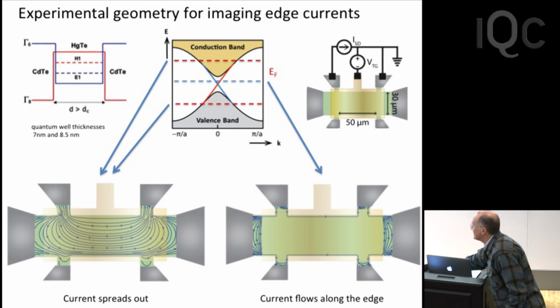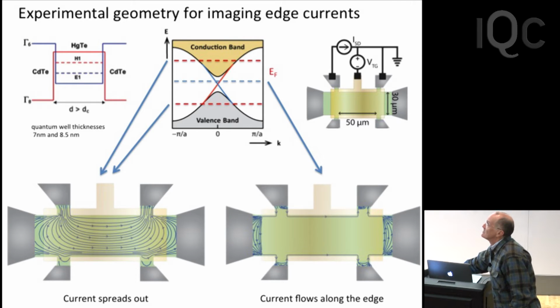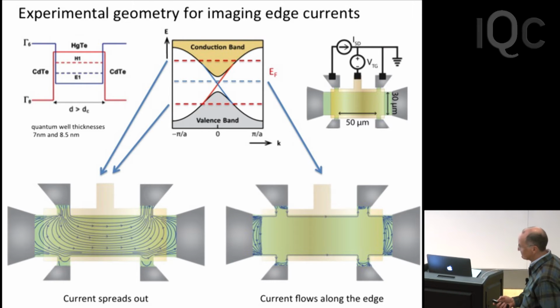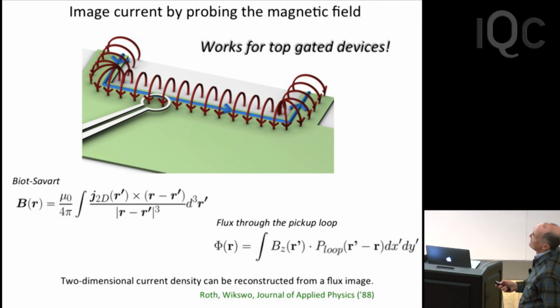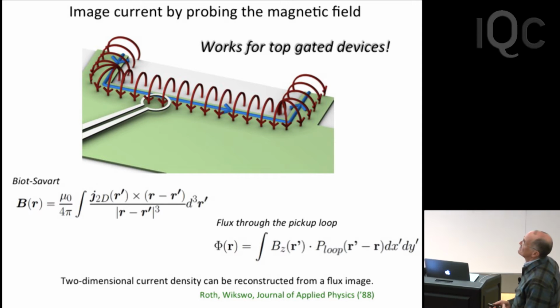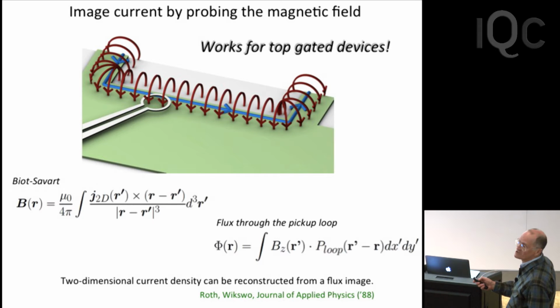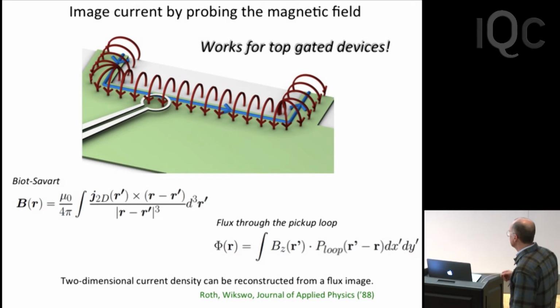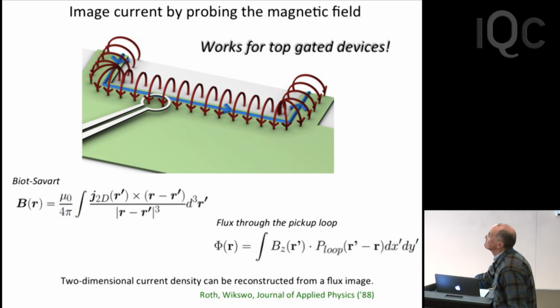You can image currents in a sample because the sample generates magnetic fields. The magnetic fields are given by the Biot-Savart law. We could put a pickup loop in front of or on top of the sample, and some of the magnetic field couples into the pickup loop, and then the flux through the pickup loop is equal to the convolution of the magnetic field times a point spread function for the device.